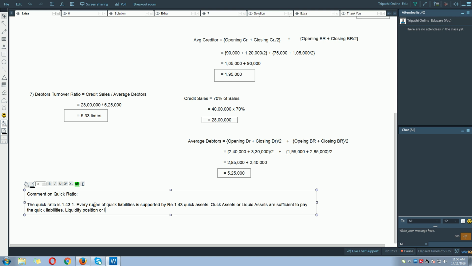Liquidity position or immediate solvency position of the company is quite satisfactory. Okay.